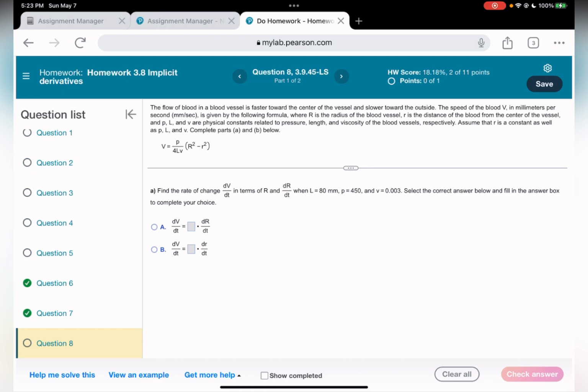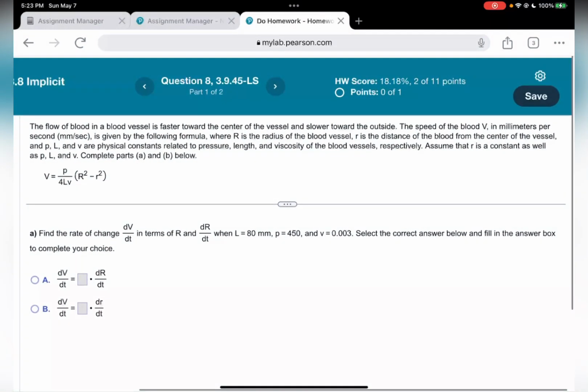Okay. So we are moving to the next question, which is going to be 8. All right, let's see what we have here. The flow of blood in a blood vessel is faster towards the center of the vessel and slower toward the outside.